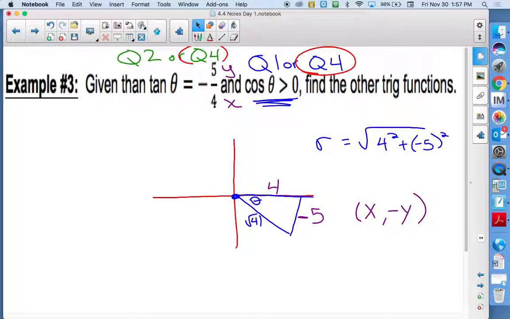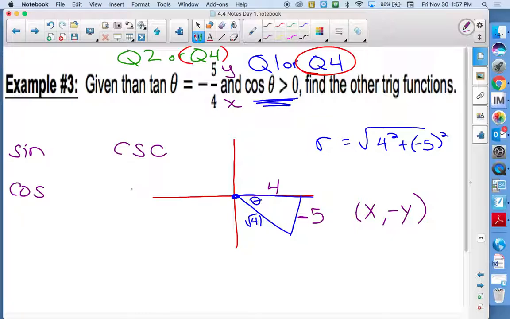So make sure when you're sketching your triangle, sketch it in the correct quadrant based off of the information that you have. And you'll be given usually 2 pieces of information. And then the last thing, it just wants us to get the trig functions. So we now have a diagram drawn. We can find sine, we can find cosine, cosecant, secant, and then the cotangent.